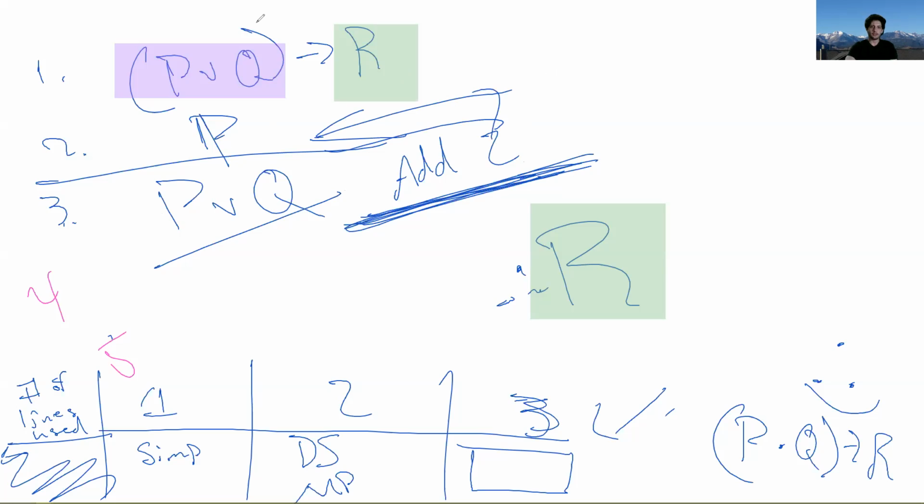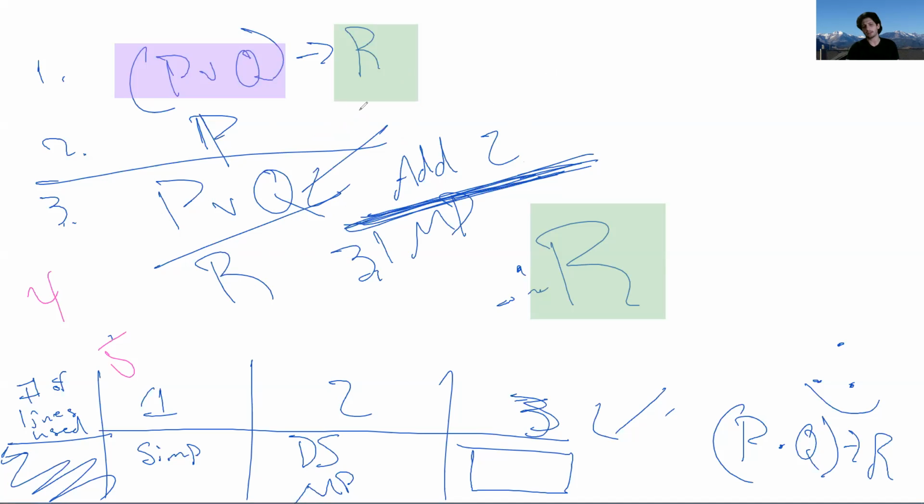And then the next thing we want to do is on line 4, we'll do our modus ponens to get R. And so that'll be 3-1 modus ponens, right? So addition, it feels like another weird rule. It's typically going to be used for exactly this sort of thing, where you're just building yourself up to use something later.